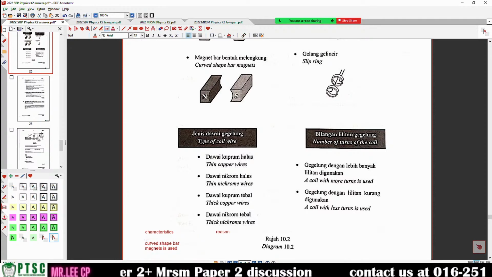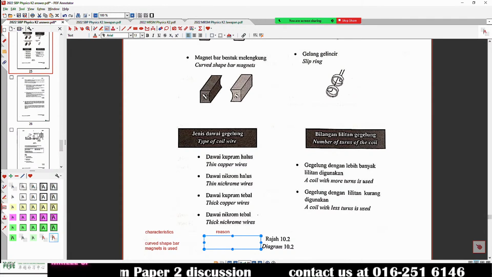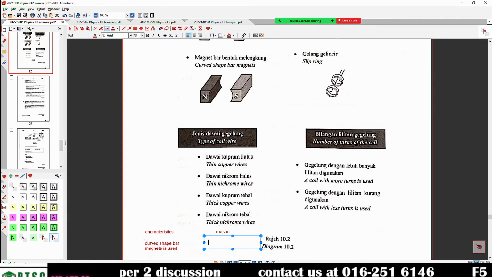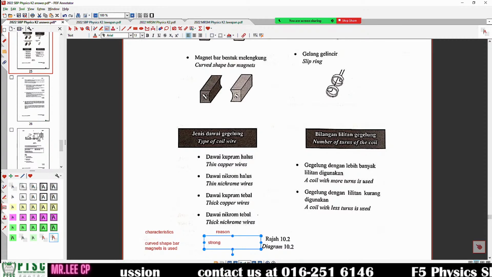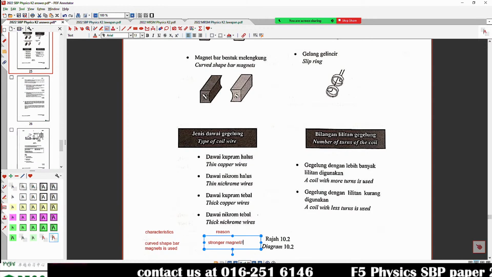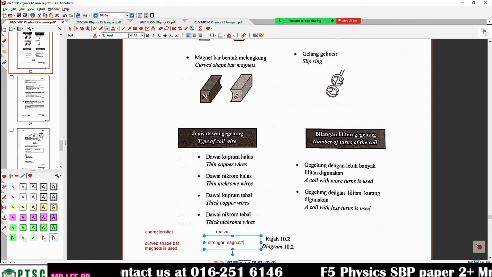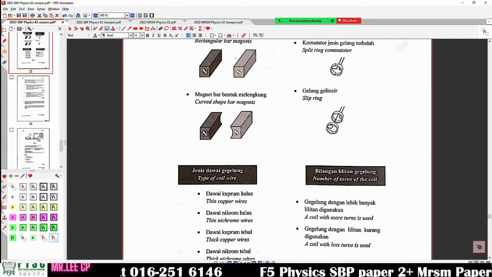The reason why: you can say it produces a stronger magnet. Because I don't have the answer, I'm going to write on my own. Why stronger? Because it is nearer to your coil.